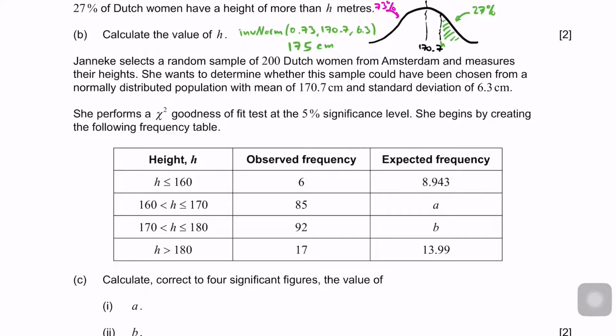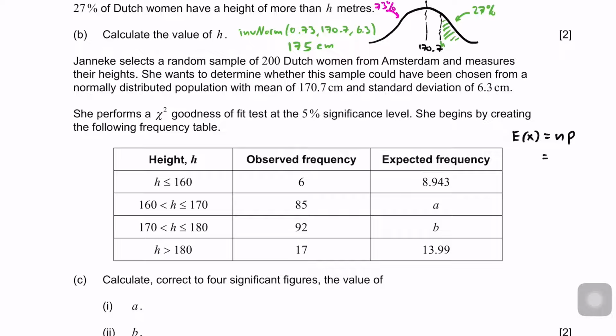So this is what we observe, and then if we had this normal distribution with a mean of 170.7 and a standard deviation of 6.3, this is what we would expect. And remember, expected frequency is given by number of trials times probability of outcome.